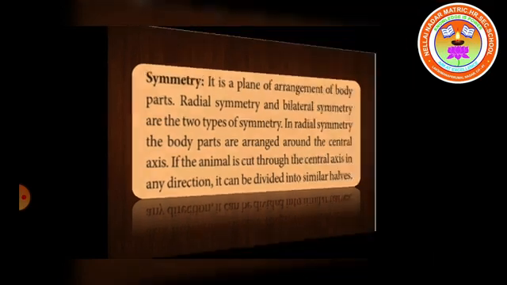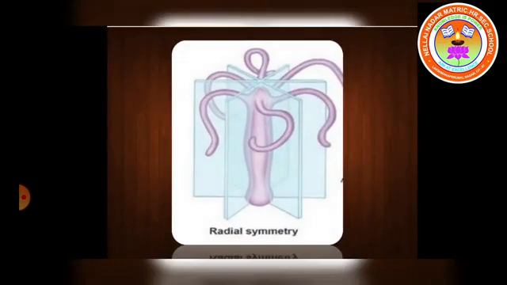I will show you in the diagram. For example, this is the picture of the hydra. If this hydra is cut through the central axis in any direction, it can be divided into similar halves. Such organisms which give you similar halves when cut in any plane are called radial symmetry.